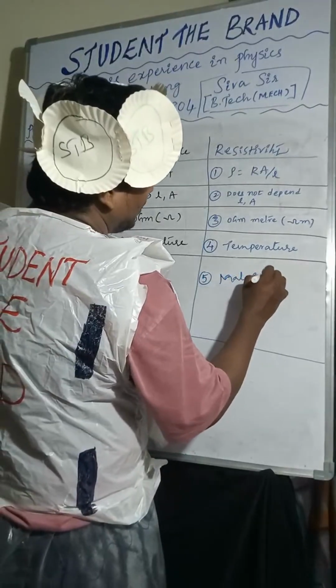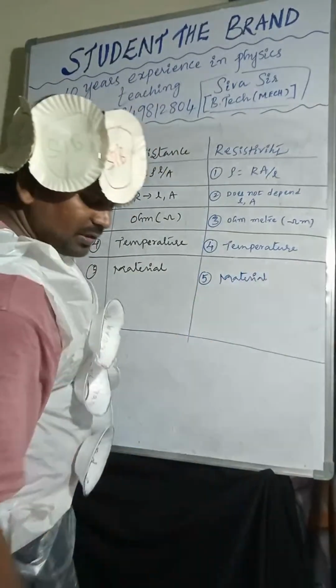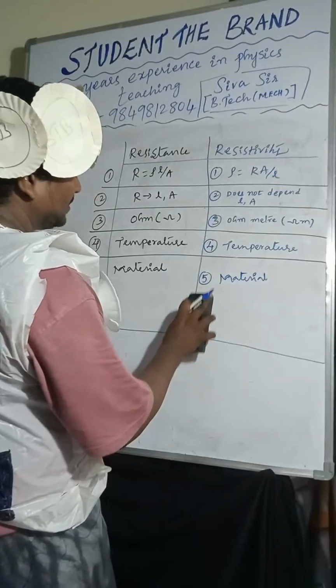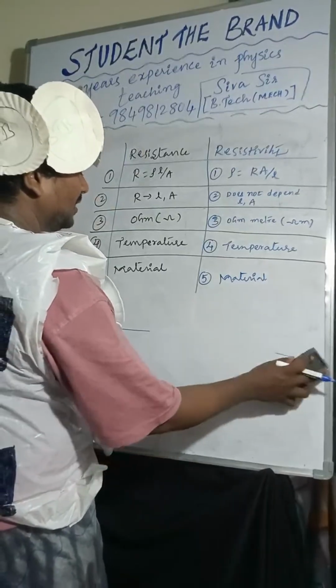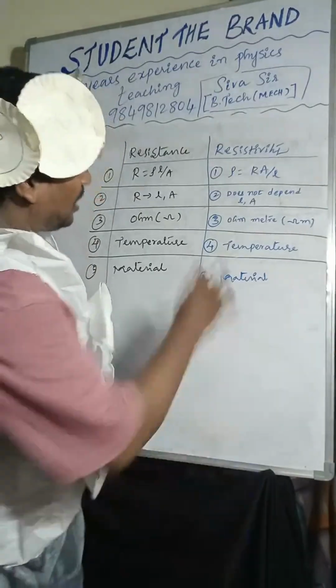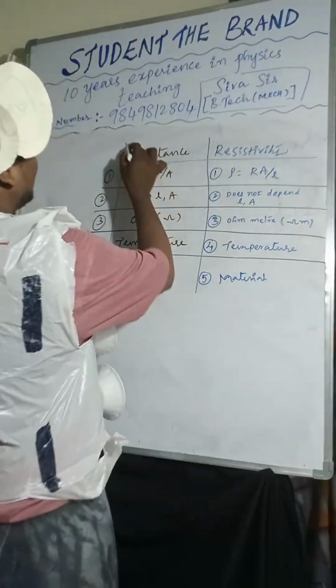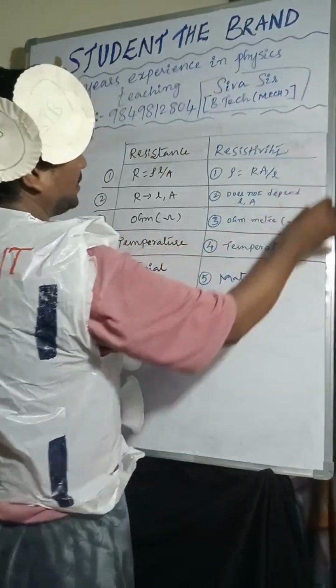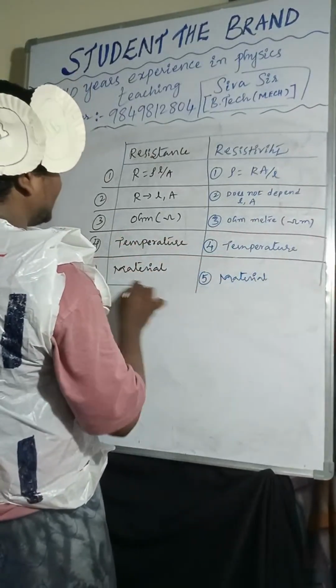So this is very very important for a 3 marks question. This question will come for 3 marks. So practice, prepare and learn all these points, definitely they will ask about the difference between resistance and resistivity.